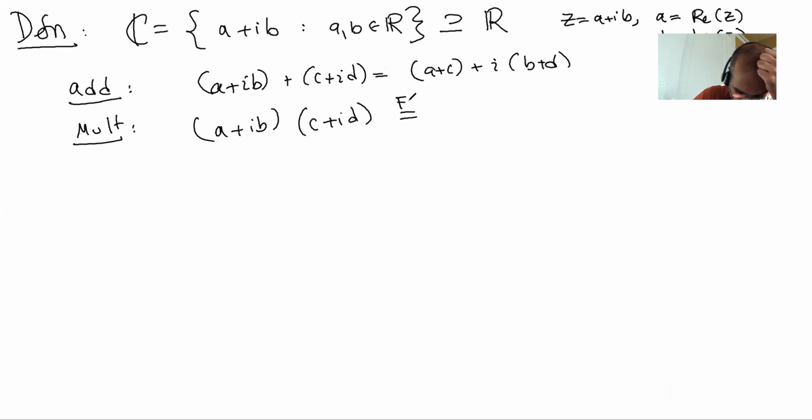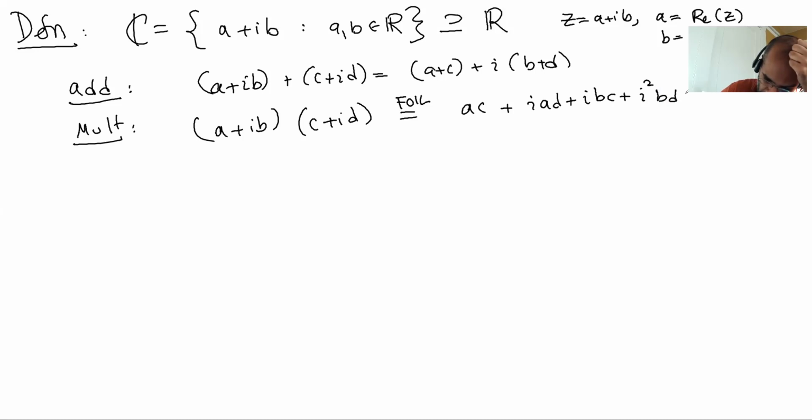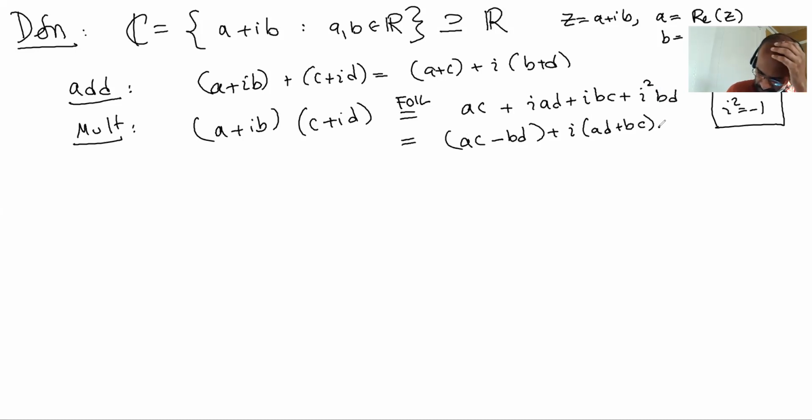So use this, FOIL or whatever it's called, and you get ac plus iad plus ibc plus i squared bd. And now you use this key property that i squared equals -1, and you get that this is ac minus bd plus i times ad plus bc. Okay.